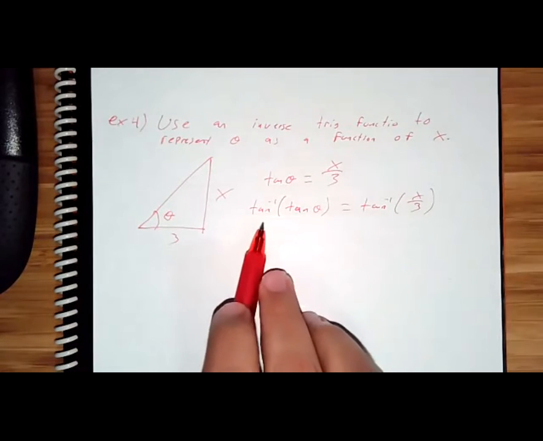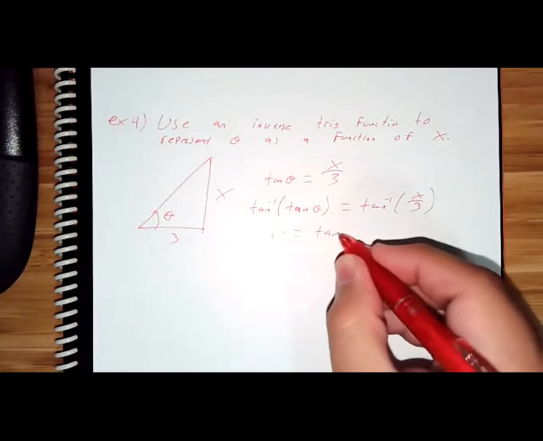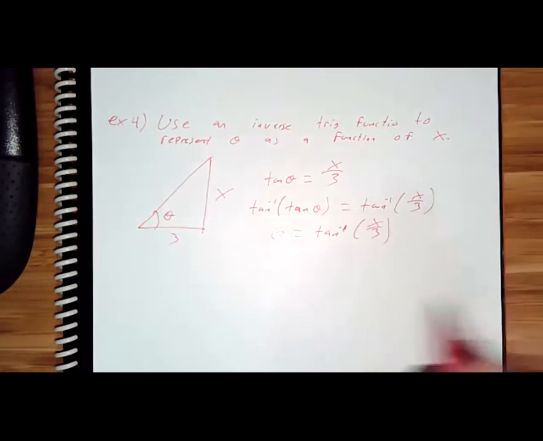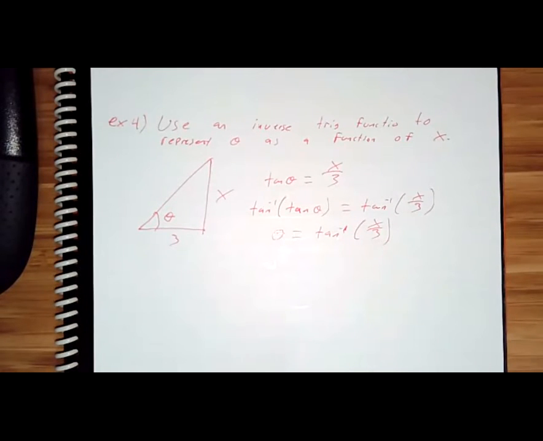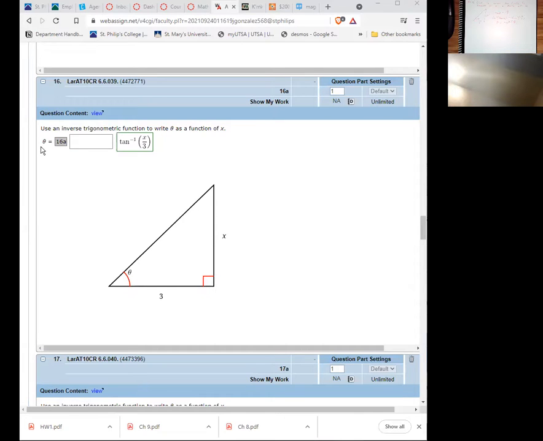If you compose something with its inverse, they're going to cancel. So theta would equal tangent inverse of x over 3. So theta is equal to a function of x. That's what they want. They want you to solve for theta. And the answer is just that formula? Yeah, theta is tan inverse of x over 3.